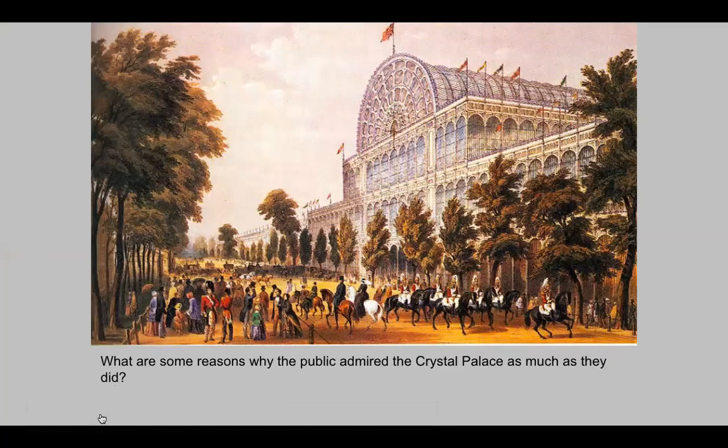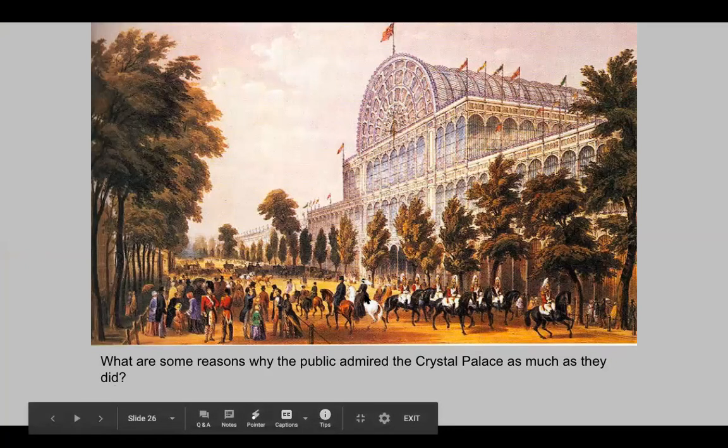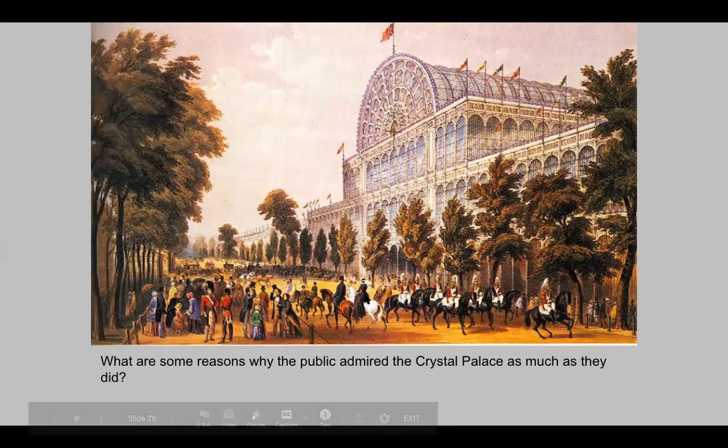So basically the people would go in there and would see the wares. They'd see people from all of the different colonies of the British Empire, the different parts of the Commonwealth, and they'd be able to see goods and peoples from these structures. So when you look at the structure itself, it's entirely made out of glass.